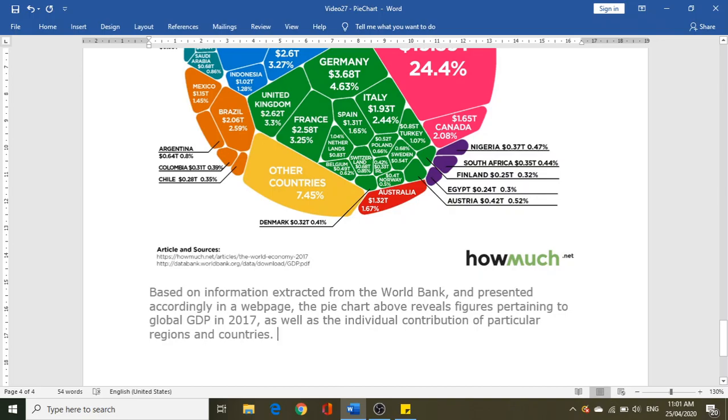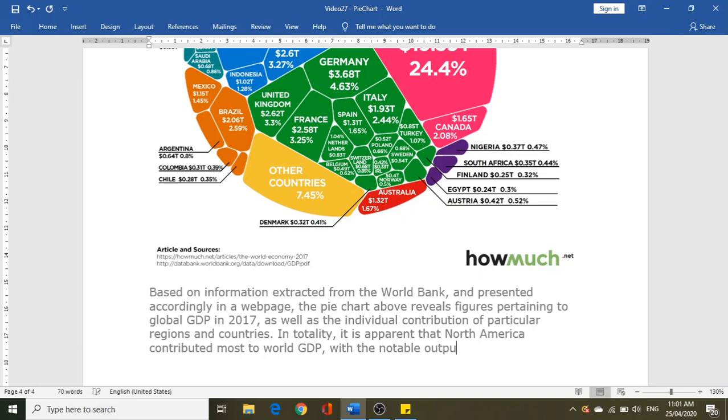We can now proceed with the overview. In totality, it is apparent that North America contributed most to world GDP, with the notable outputs of the United States, and then followed in descending order by Asia, attributed largely to the figures from China.